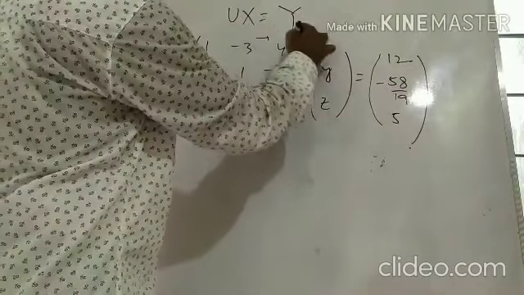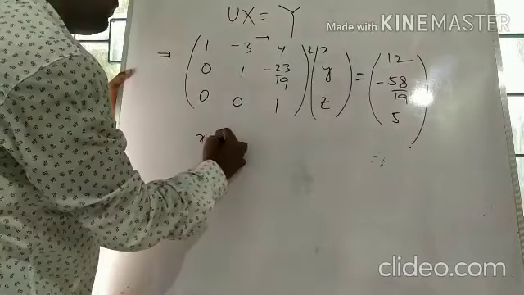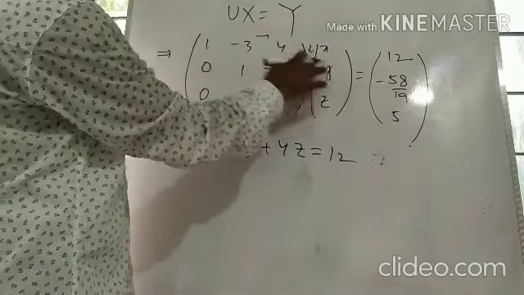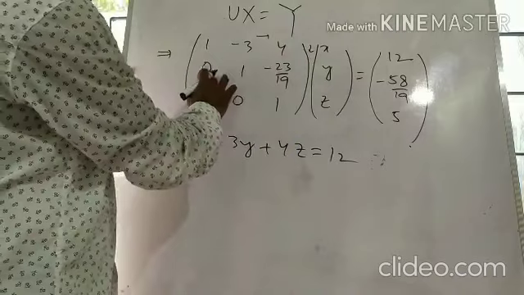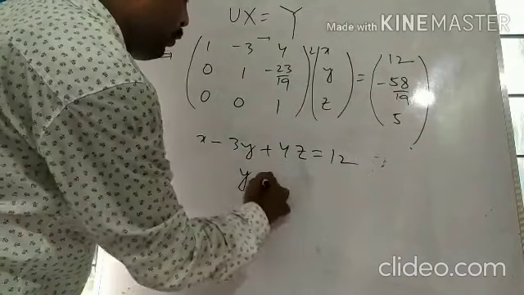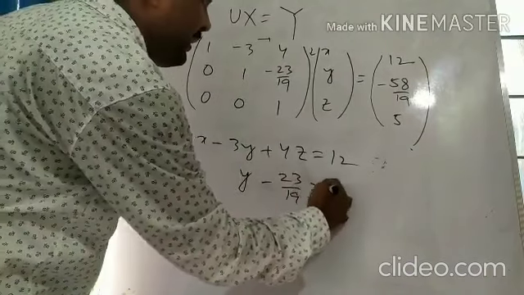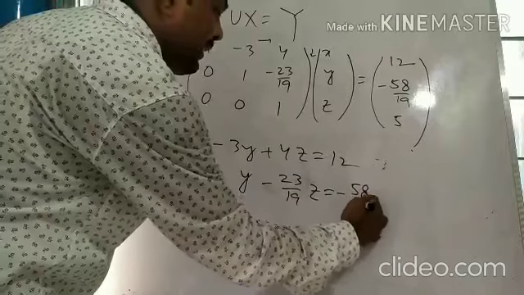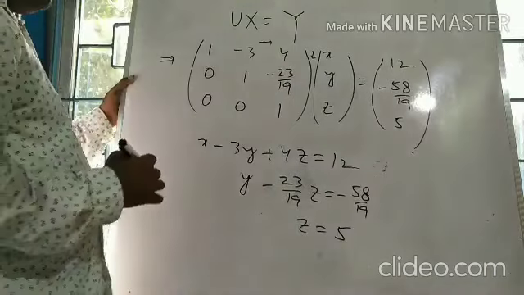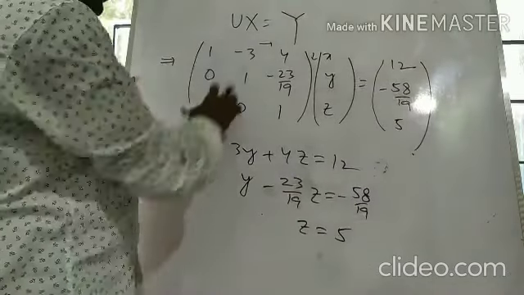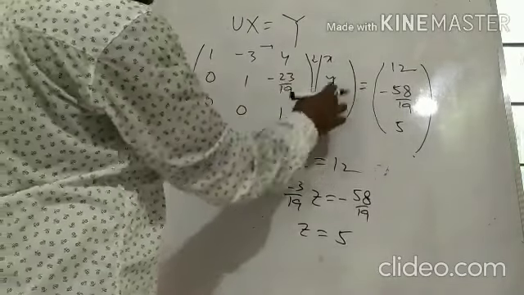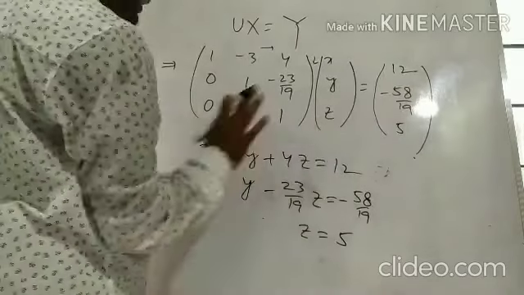Now just matrix multiplication. x minus 3y plus 4z equals 12, y minus 23 by 19 z equals minus 58 by 19, and z equals 5.